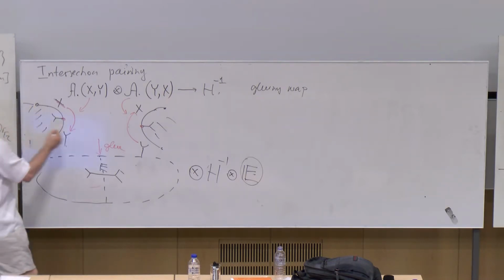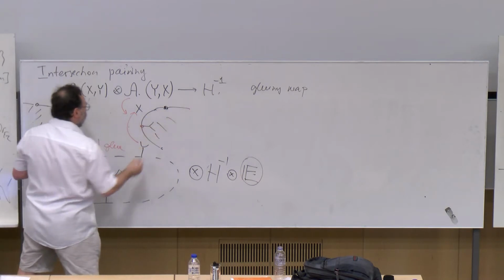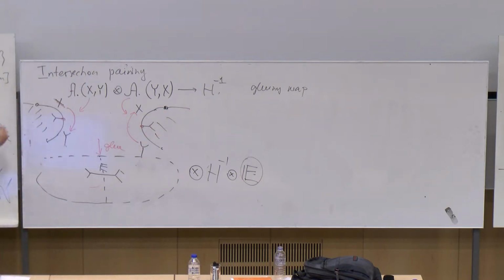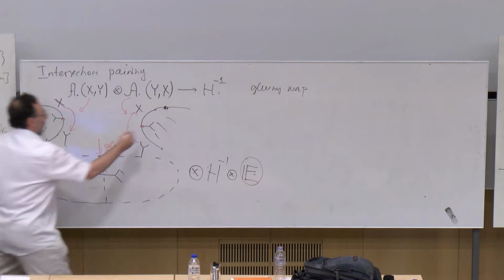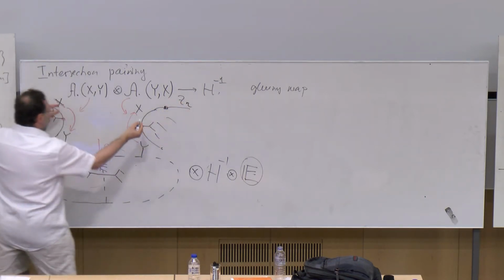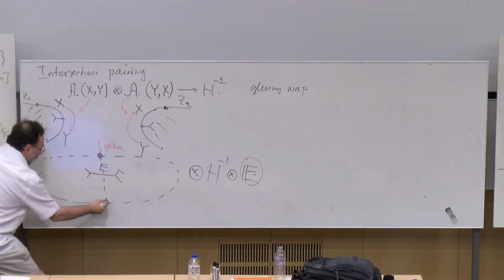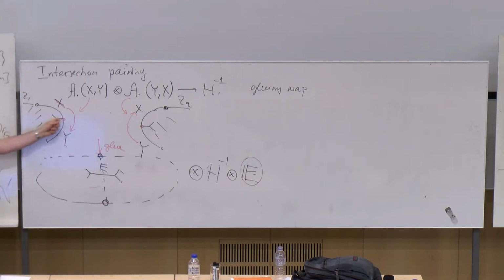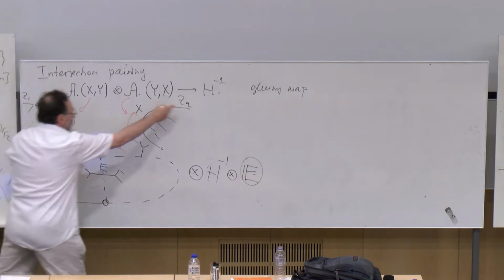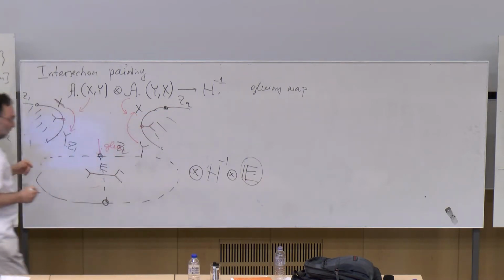It is a definition, just look at this picture. Yeah, you're right. So I have here an object, say Z1, and here I have object Z2. These two points, which you insist that I put, it's a very good idea. You see it here and here. Because when I glue, these two points are gone, but I glue this guy and this guy, so these two points remain. What is on the left, you see here at Z1, and what's on the right, you see here at Z2. Is that clear now?